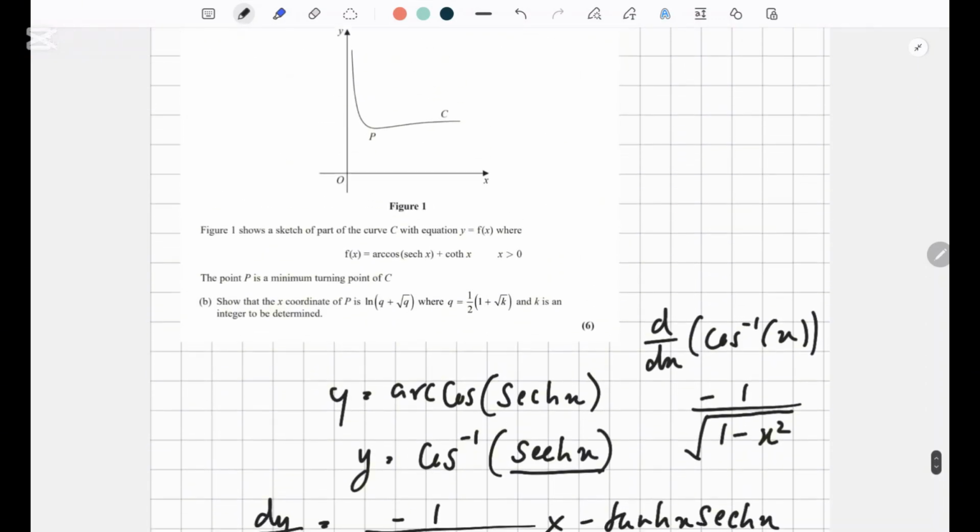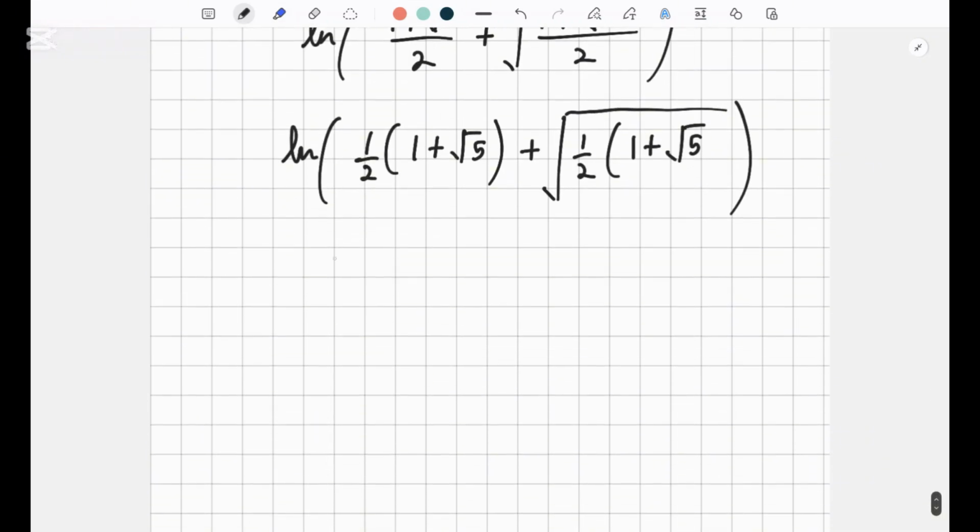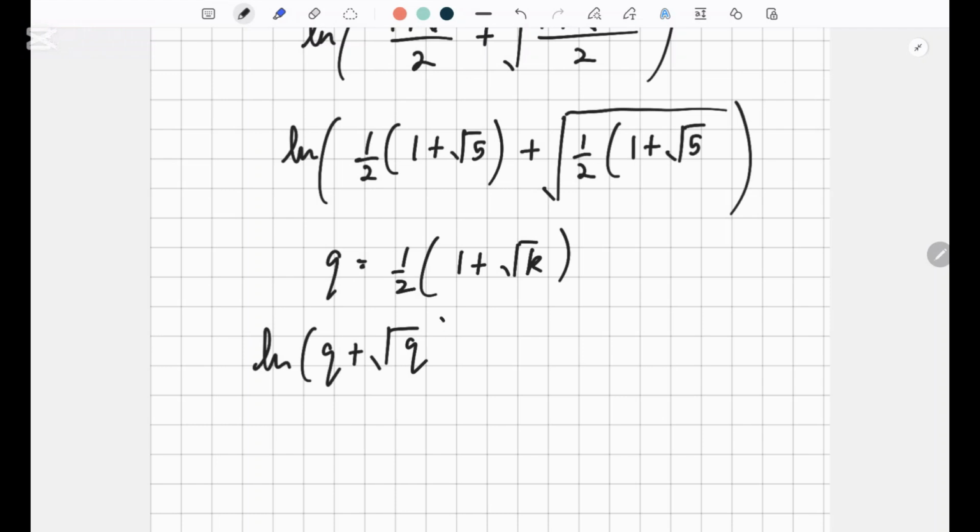Because you can see ln of q plus root q, and q equals half of 1 plus root 5. You can see the format in my answer, right? So these are your answers.